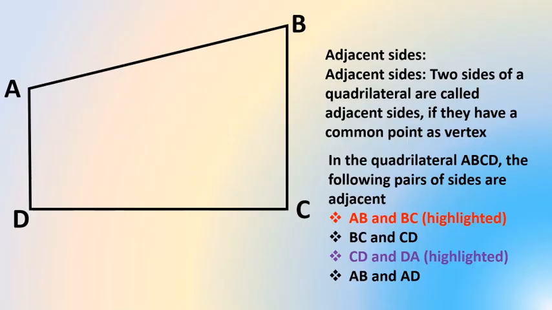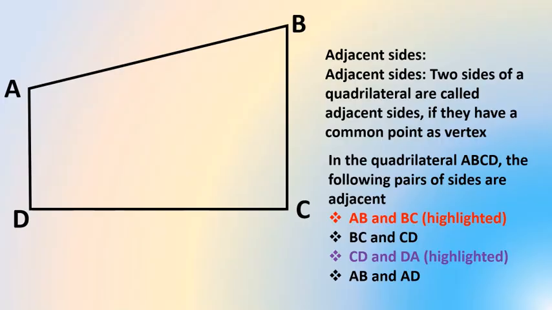Imagine that a person is standing at A with his arms stretched on both sides, like when doing the mass drill, stretching both arms to the left and right. What are his arms? AB and AD, right?